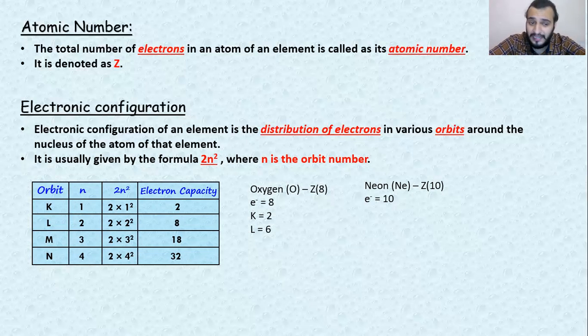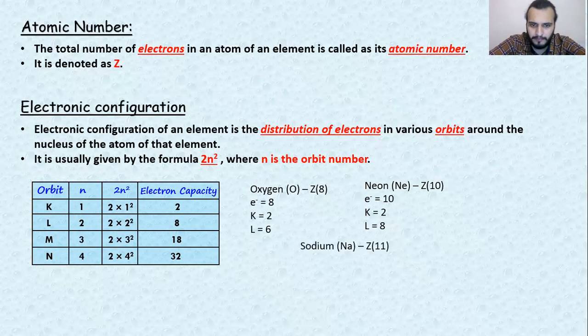So out of 10 electrons, the capacity of the first shell is 2. So 2 electrons will occupy the first shell. 10 minus 2, there are 8 electrons left. These 8 electrons will occupy the second shell. So here we can see both shells are completely filled, the first shell as well as the second shell. So its electronic configuration will be 2, 8.